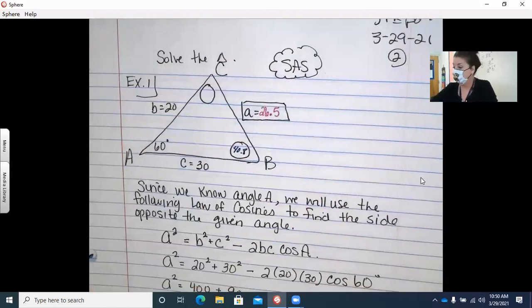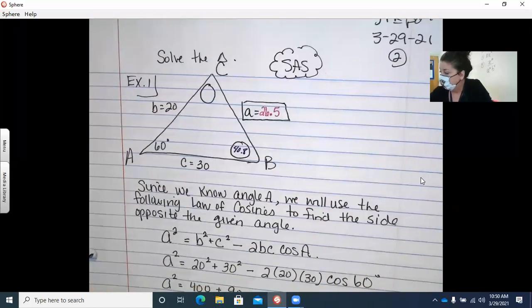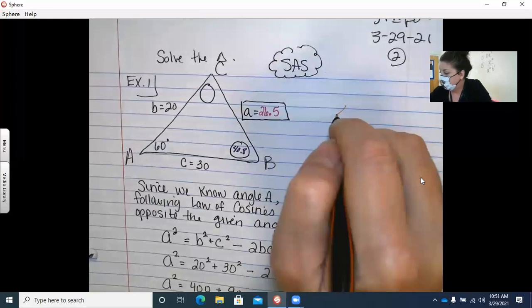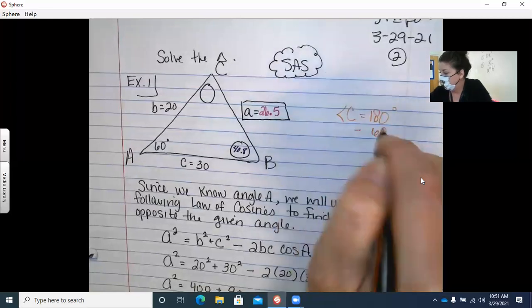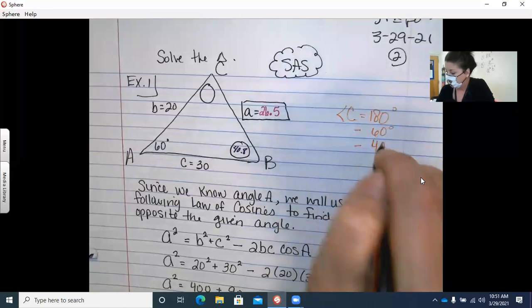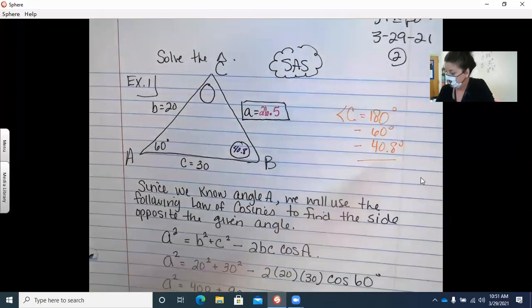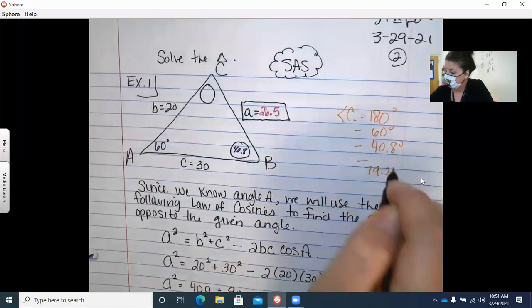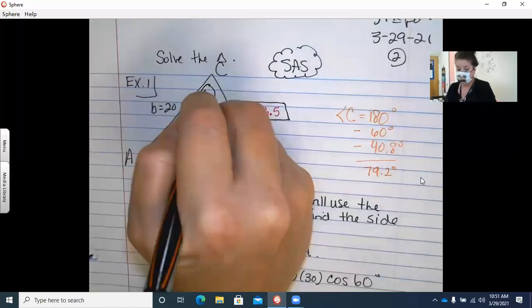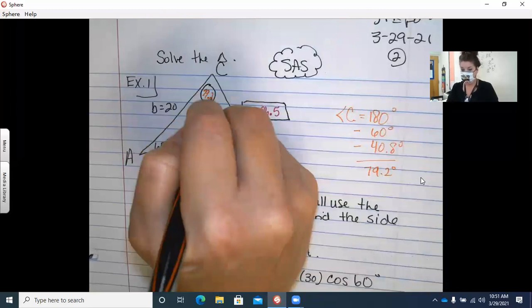Now, all we have to do is find that one angle. Easy enough. So to find angle C, we'll do 180 degrees minus 60 degrees minus 40.8 degrees. And I get 79.2. So y'all got, hopefully.